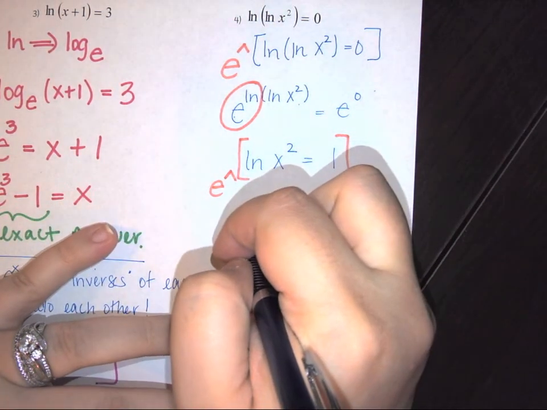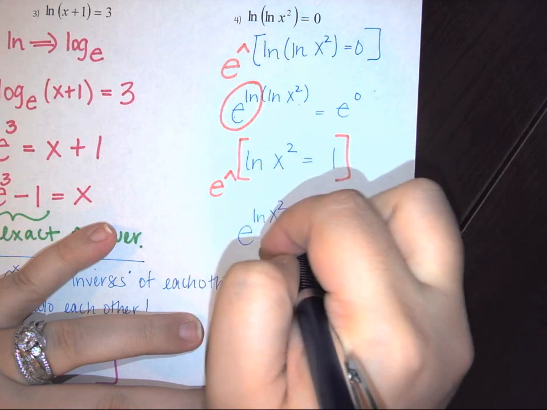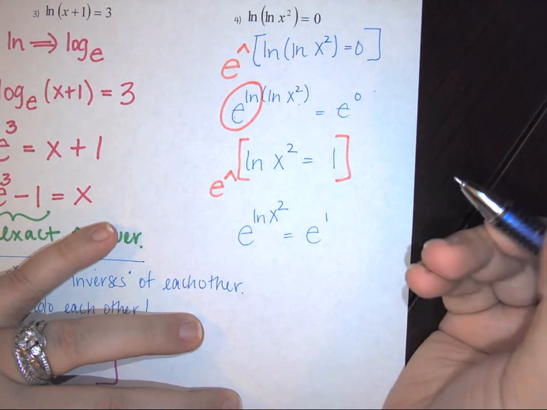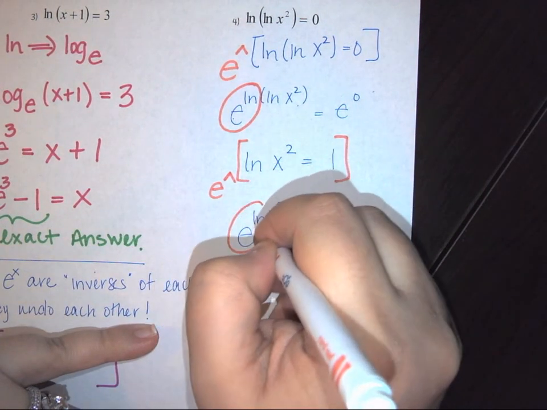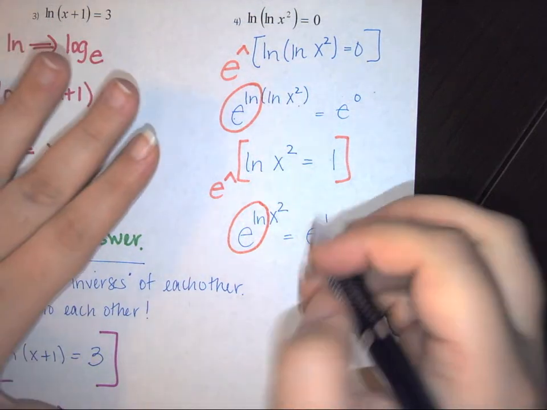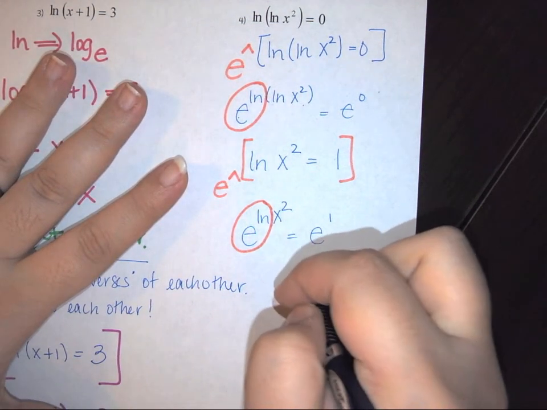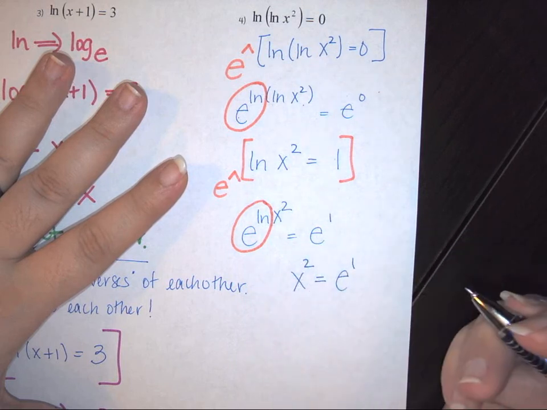This is going to give me e to the natural log of x squared equals e to the first. Again, now we can look at my e and natural log. They are going to undo each other. This is going to leave me with x squared is equal to e to the first.